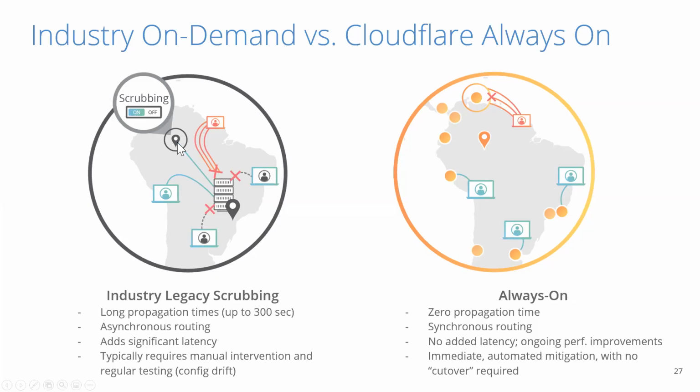Usually when there is an attack, somebody needs to turn the scrubbing on, and then the traffic will be rerouted to the scrubbing center before it goes back to the origin or is blocked. In most cases, if the attack is too big for the scrubbing center to handle, there is a chance that the traffic will need to be black holed, which means all the good and bad traffic will be dropped until the attack subsides, and then they will activate again.